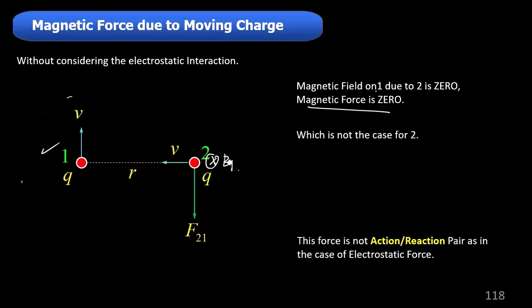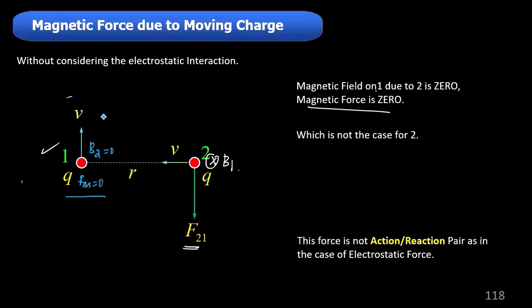Now due to B and due to v, now B cross v, force is downward on second particle. Similarly, if I project the particle in this direction, so because of this v, magnetic field at charge number 1 is 0. আমি যদি এখানে ধরতাম যে B তৈরি হয়েছে due to charge number 2, that is 0. So magnetic force is 0.